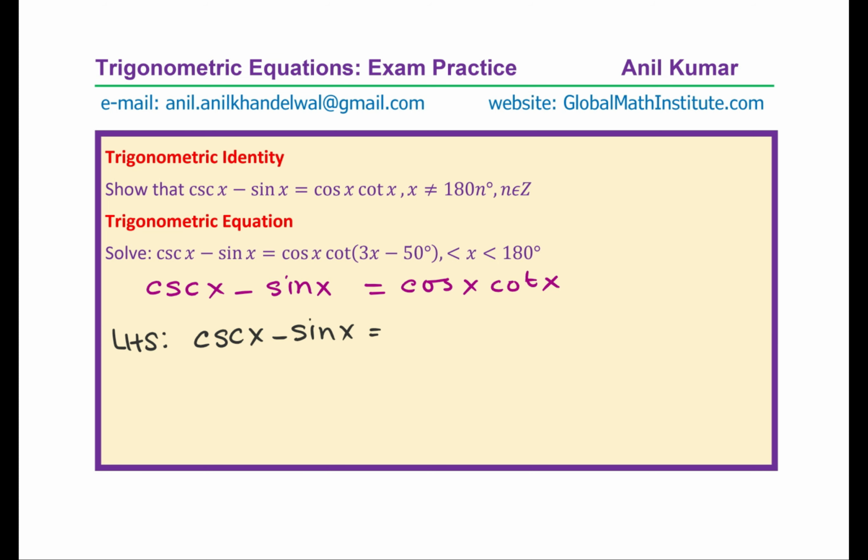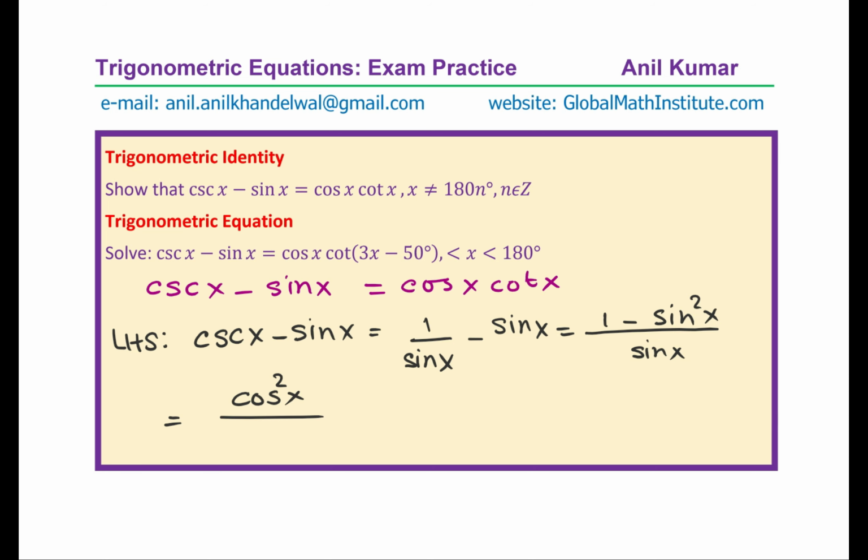We can always write this as the reciprocal of sine x, and then we have minus sine x. Taking the common denominator of sine x, we get 1 minus sine square x, correct? Now, what is 1 minus sine square x? It is cos square x. So we have cos square x over sine x.